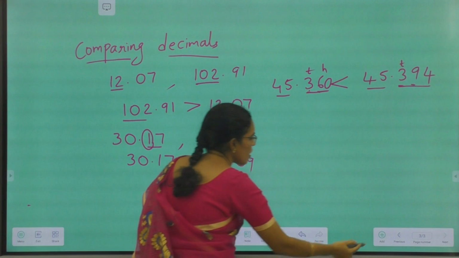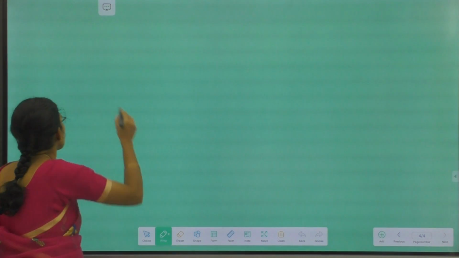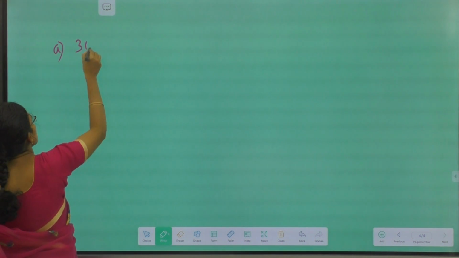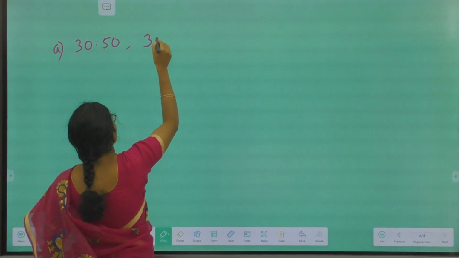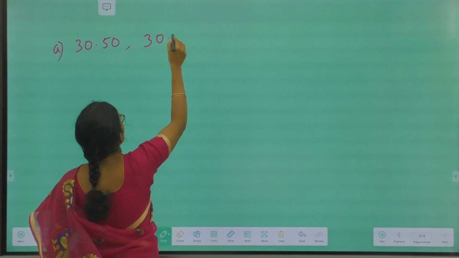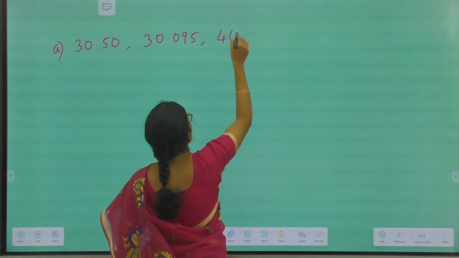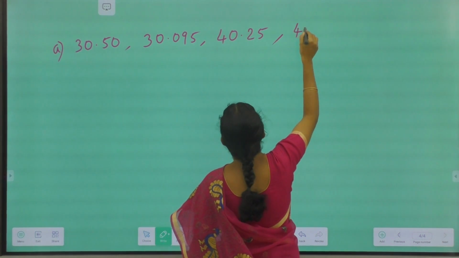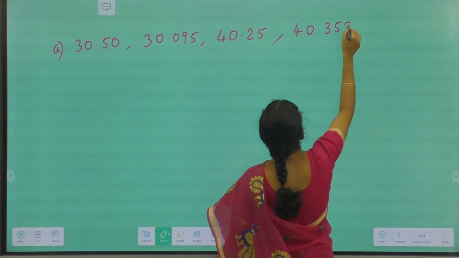Next we will see how to arrange decimals in ascending and descending order. For example, the first problem: 30.50, 30.095, 40.25 and then 40.359.